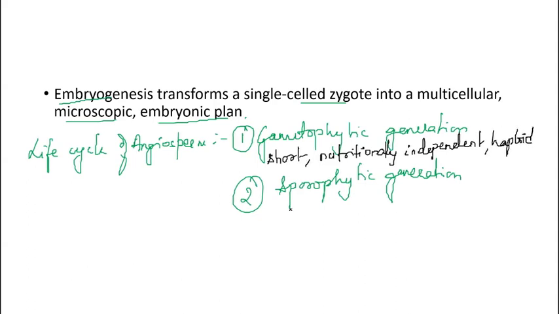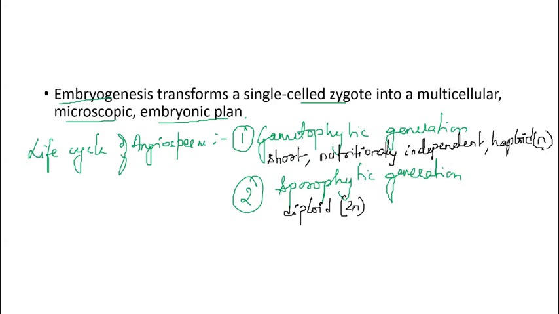And the sporophytic generation is a diploid phase. There is an alternation of generations between the gametophytic and sporophytic phases.